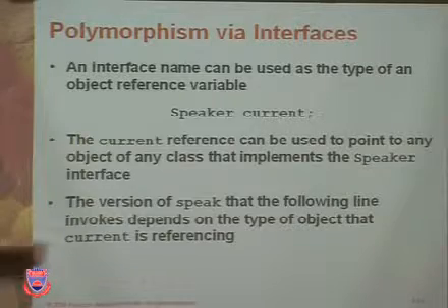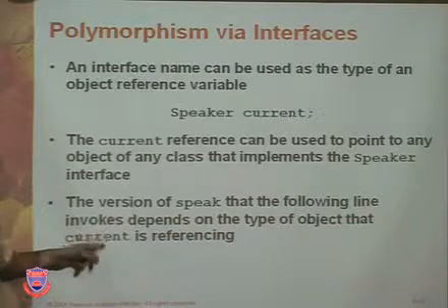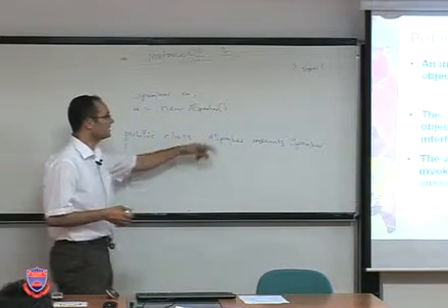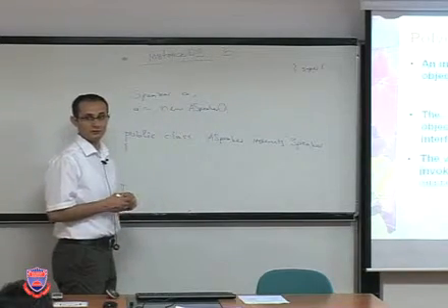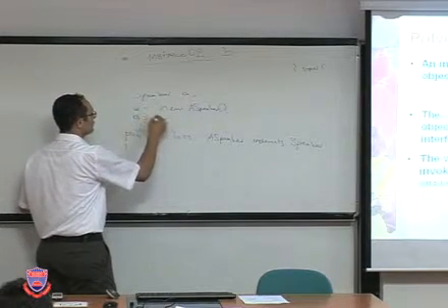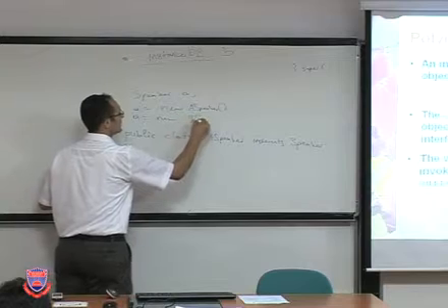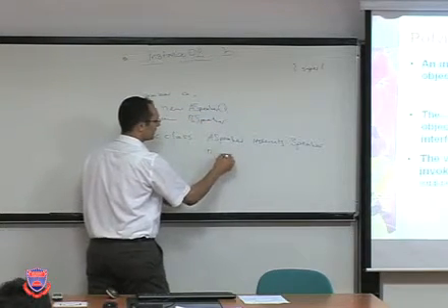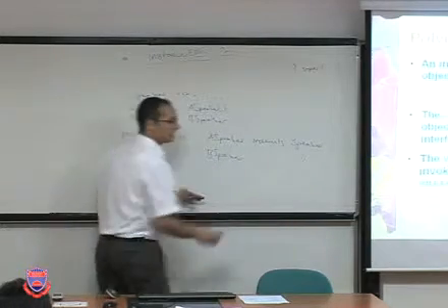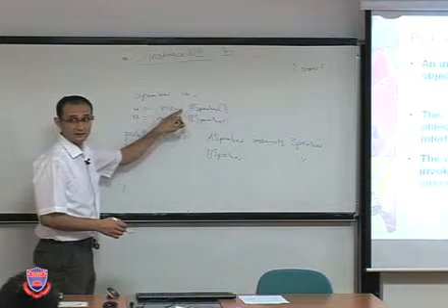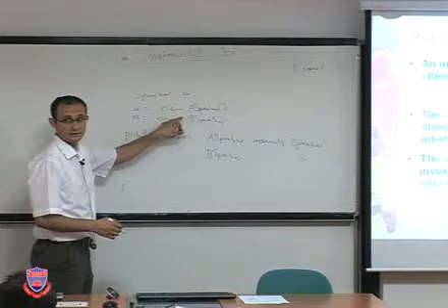Whenever you say speak, the version of speak that the following line invokes depends on the type of the object that current is referencing. So it's going to depend on which object type you're using currently. If you have, let's say, another thing, A equals new B Speaker, which again implements another class that implements the same Speaker, then it's going to depend on the type of the object class that you are creating the object from.